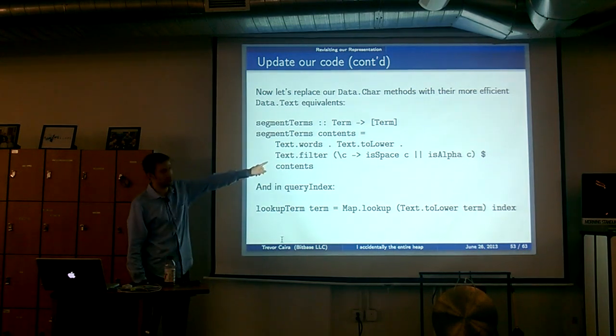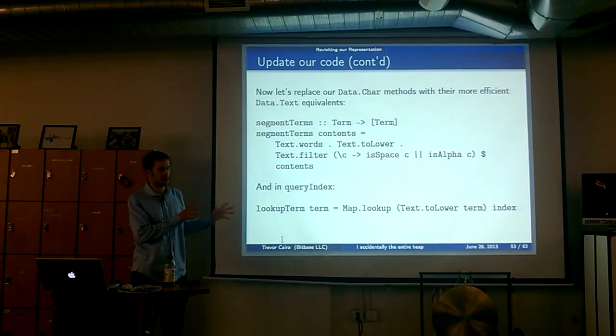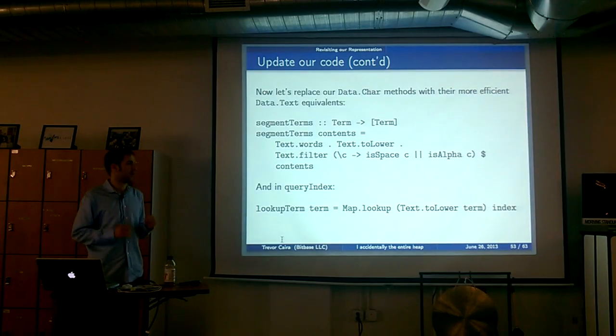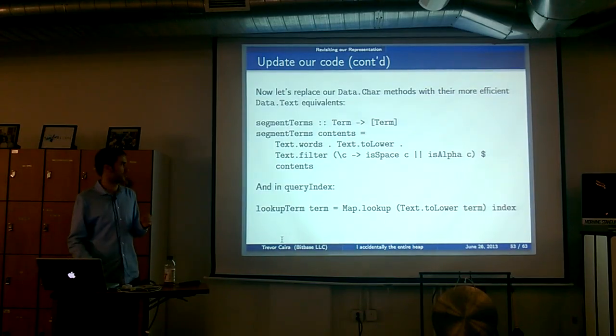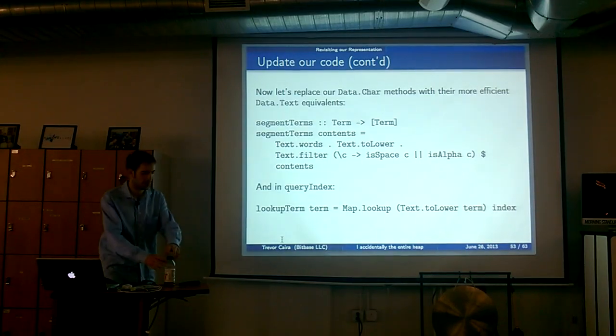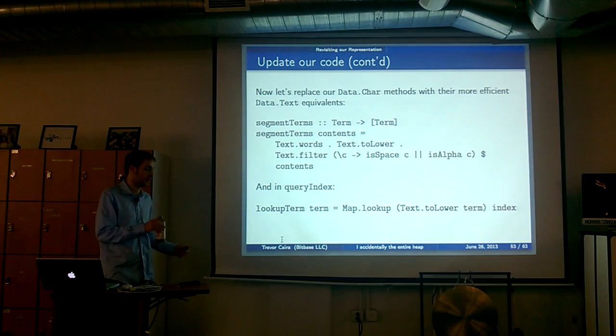Then text.toLower gives us an array that's lowercase, and text.words, where we give it a text representation and it gives us a bunch of little text objects that correspond to the words. And then our lookup term has to change, of course, to use text.toLower instead of map lower.